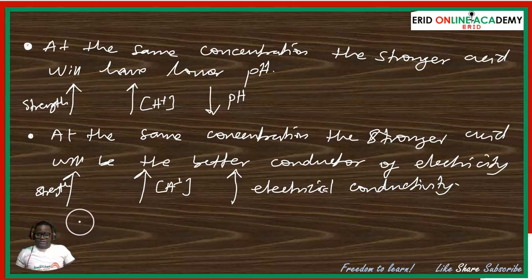Okay, so the last point we would like to make on this, which would be the third difference between the strong acid and weak acid, would be that at the same concentration and temperature, the stronger acid will react faster with solids.